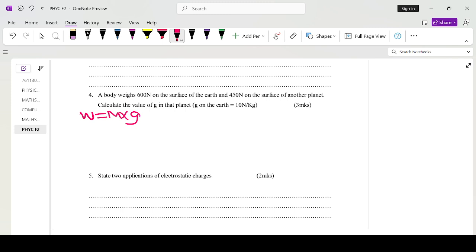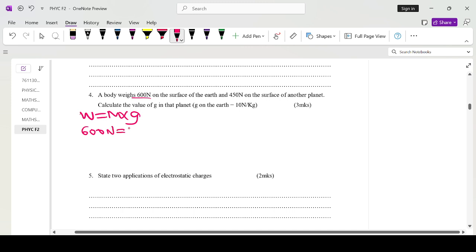So if this body has a weight of 600 newtons on Earth, that's like saying 600 newtons is equal to the mass, which we don't know, times the gravitational force on Earth, which is 10 newtons per kilogram.